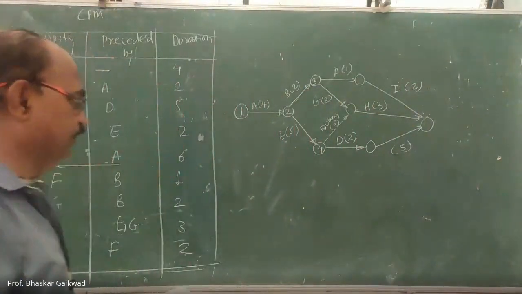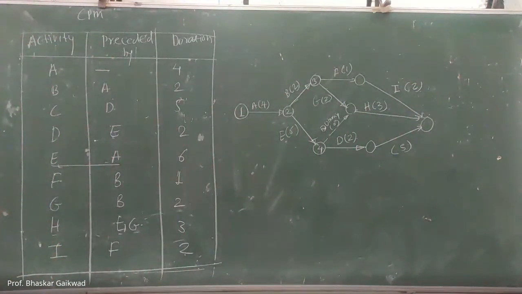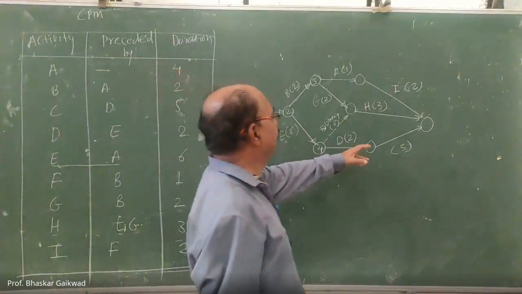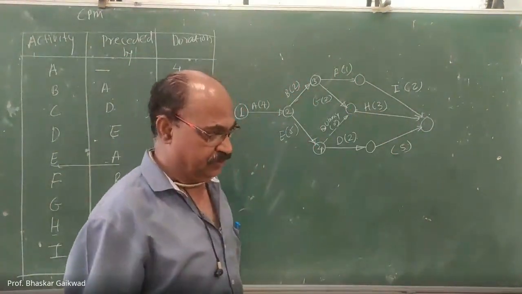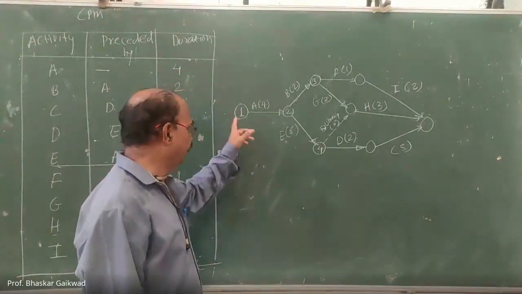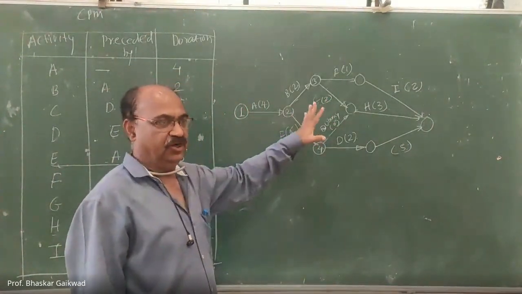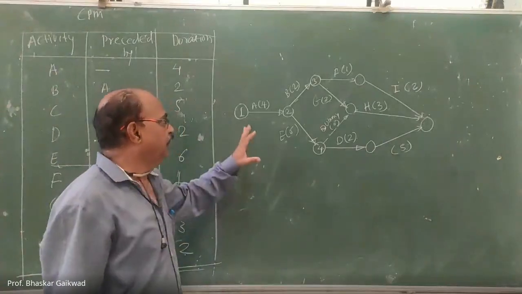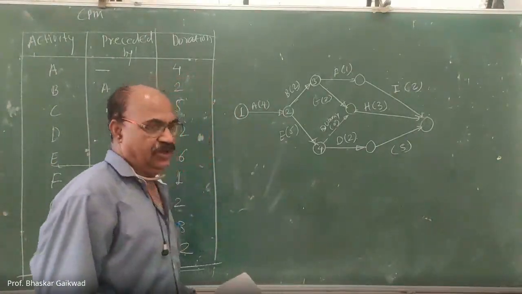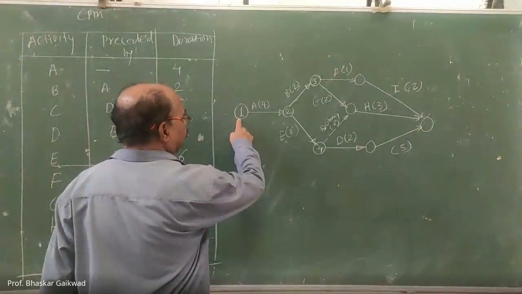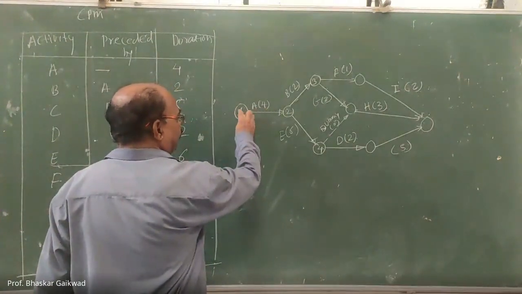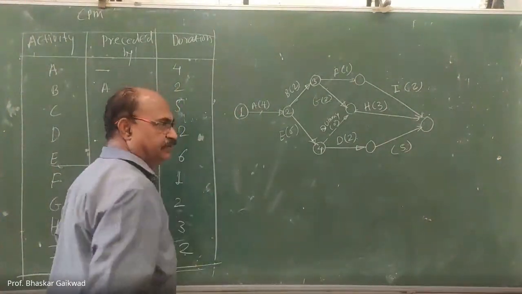Note that in some of the cases I have not given numbers to the events. So here you have to use the Fulkerson rule while giving the numbers 1, 2, 3, 4. Only the outgoing activities you have to decide. For example, the initial event we can give number 1 and delete it.